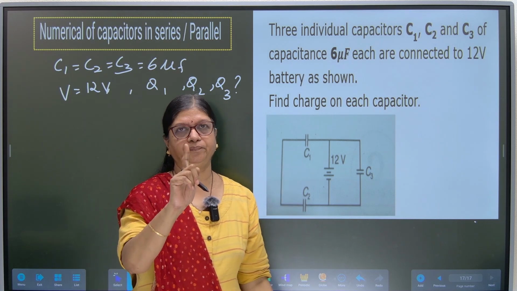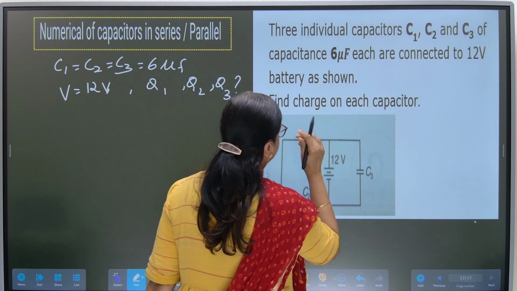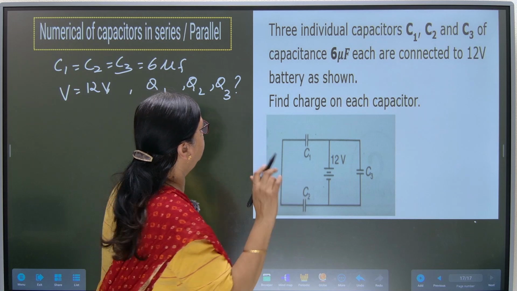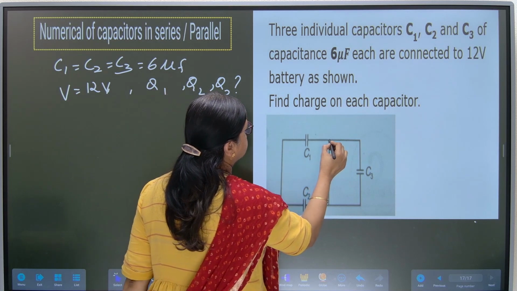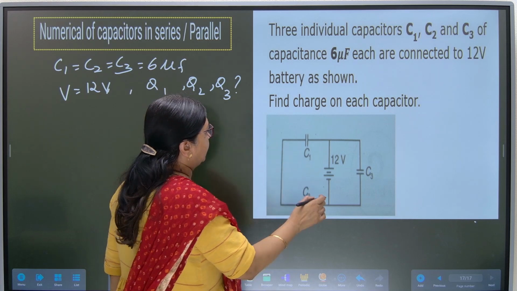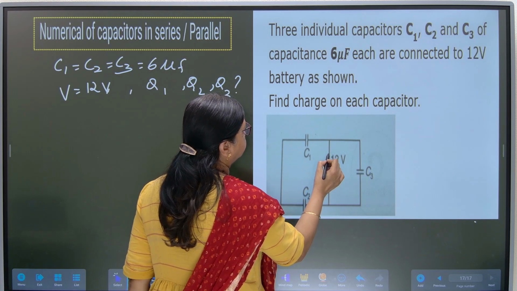So step 1, let us first find out what is the equivalent capacitance. For that, which capacitors are in series and which capacitors are in parallel? For that, start from the battery, go up.